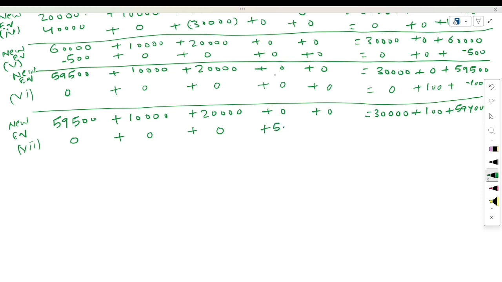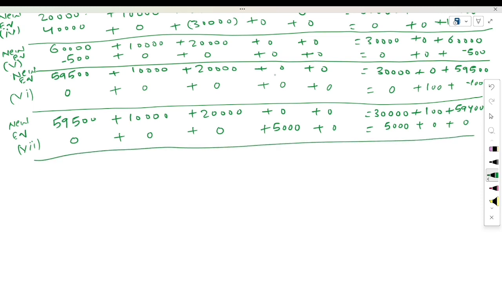Here furniture value will be increased by 5,000. Here there will be no impact. And creditors, here is creditor because he is purchasing furniture on credit. So creditors value will also be increased by 5,000. Here there will be no impact.